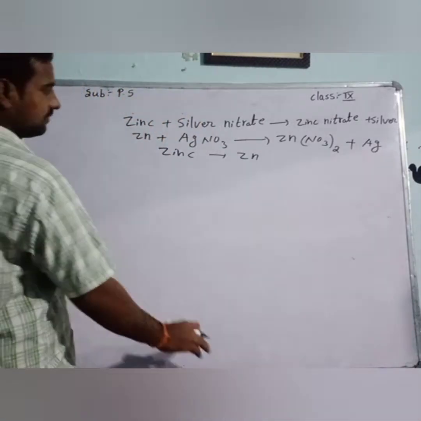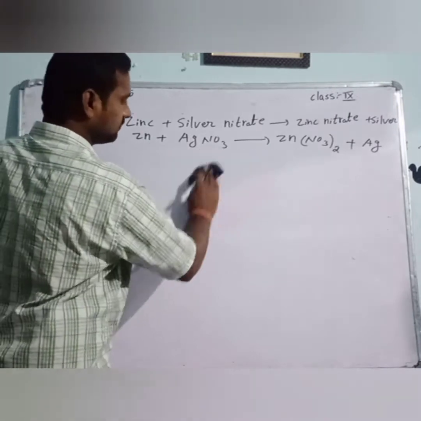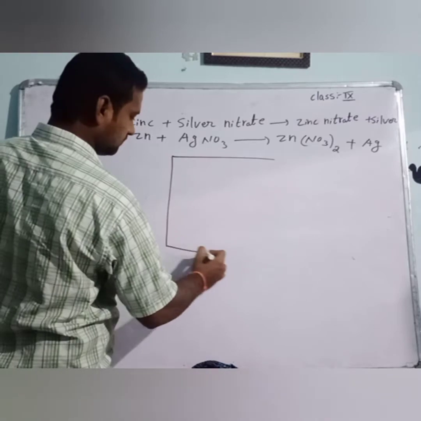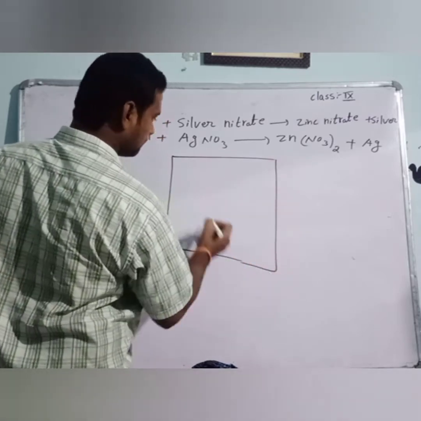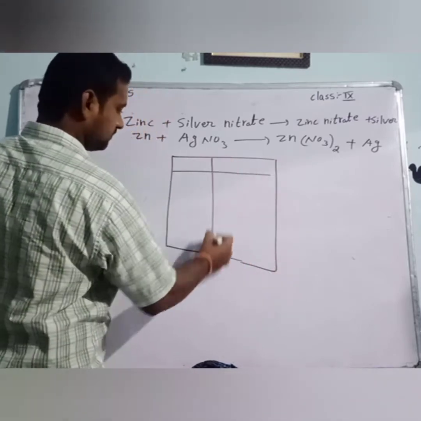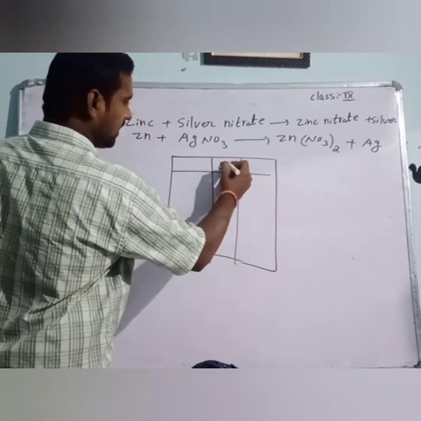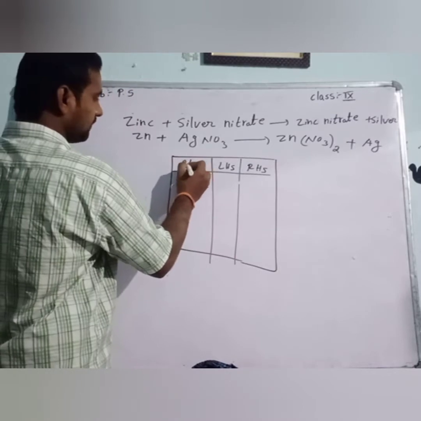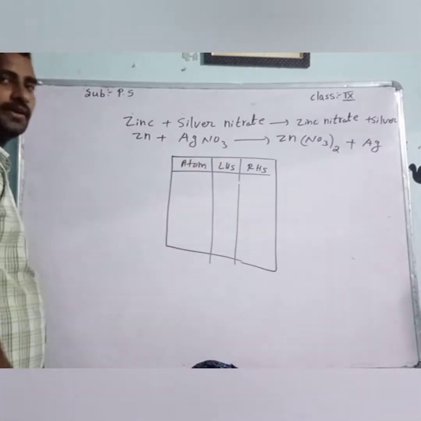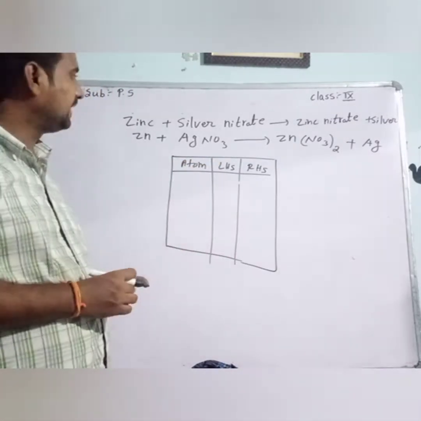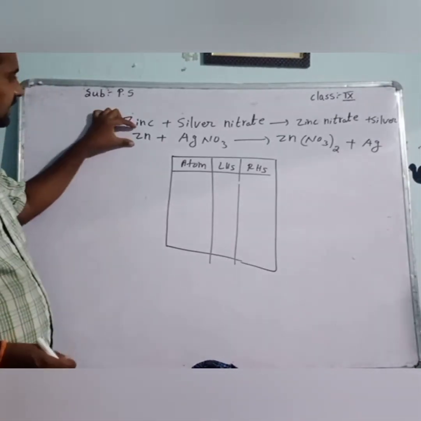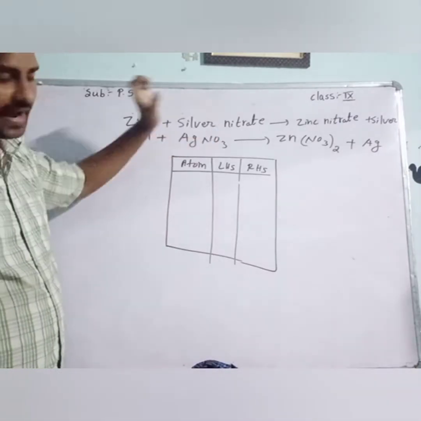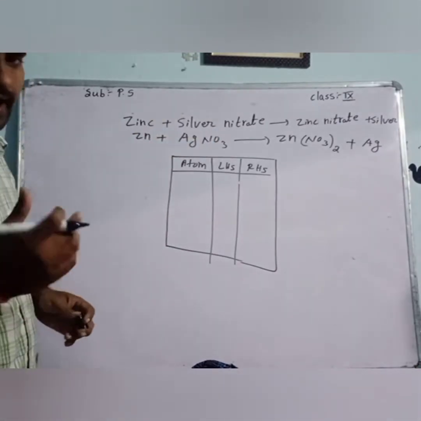So first of all, draw the table: LHS, RHS and atom. First of all, identify the atoms in this equation. Zn indicates zinc, Ag indicates silver, N indicates nitrogen and O indicates oxygen atom.